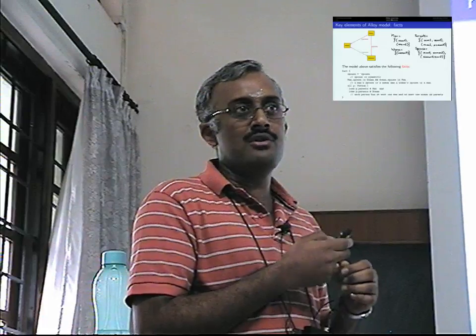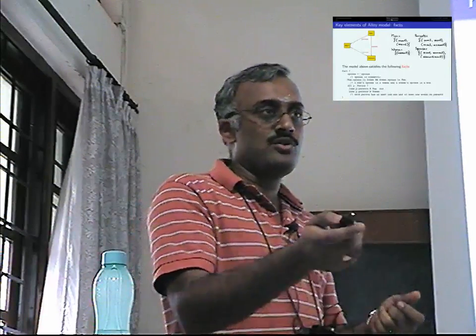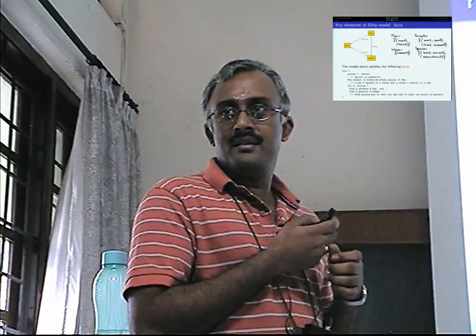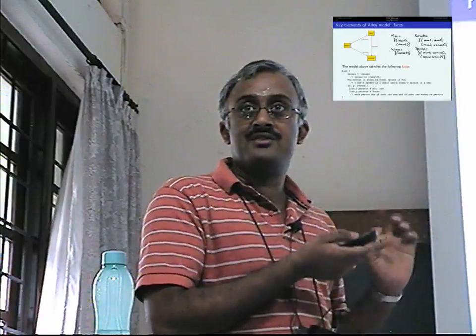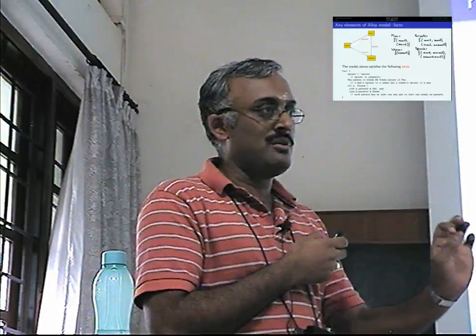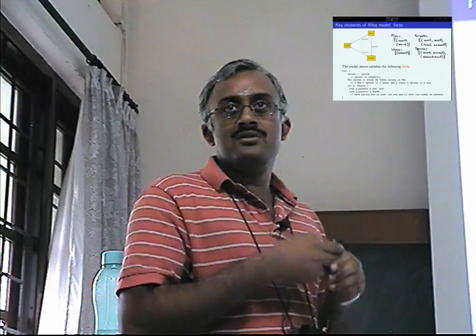Availability. You can't give out seats that don't exist. You can't give a single seat to two people. You can't reserve it twice over. And there may be various other constraints also. If the person says, I will only take a lower berth, you can't assign them to a middle berth. So these are constraints.